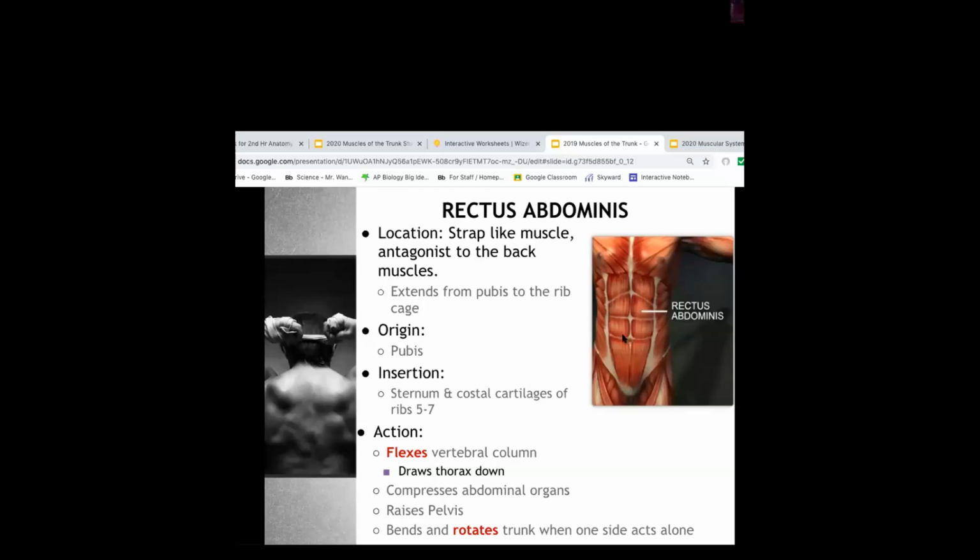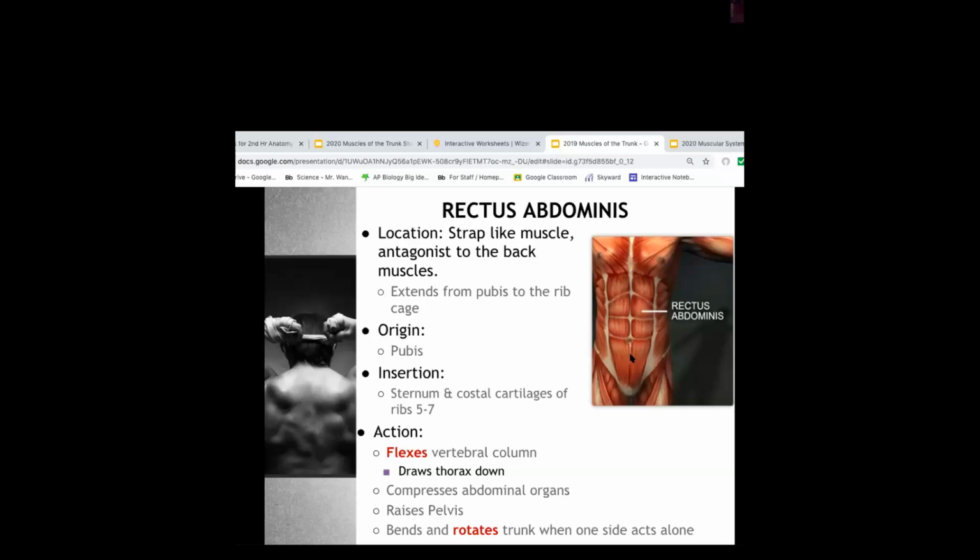Okay, so I'm looking at this strap of muscles along the front side of our abdomen. It originates on the pubic bone and then runs upward. Its insertion is on the costal cartilage, the cartilage that connects the ribs to the sternum, and the sternum itself. When this muscle is contracting, it can bring the insertion down, which causes a flexion of the vertebral column.